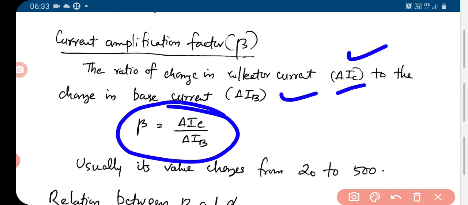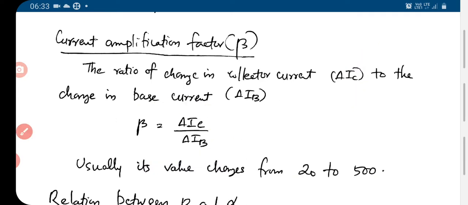The output current is IC, the input current is IB, so delta IC by delta IB is the current amplification here, which is denoted by beta.